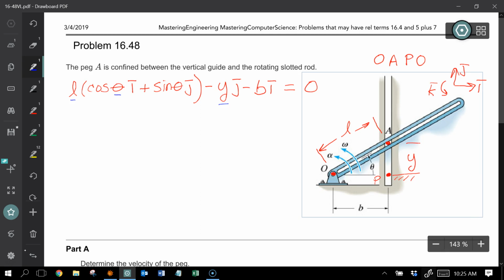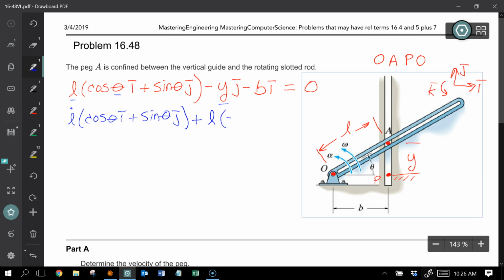Taking a derivative, treating the first one as a product, it'll be L dot cosine theta i plus sine theta j. That's the first term, plus the derivative of the first times the second term, plus the first term times the derivative of the second term.